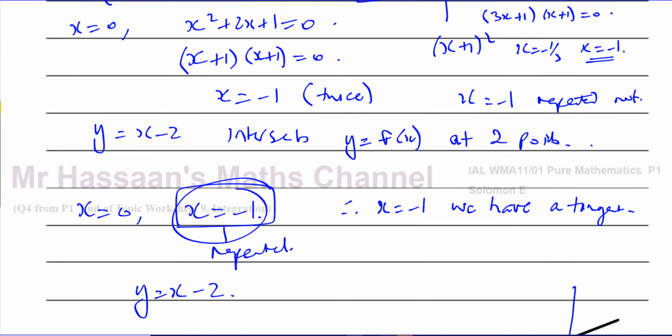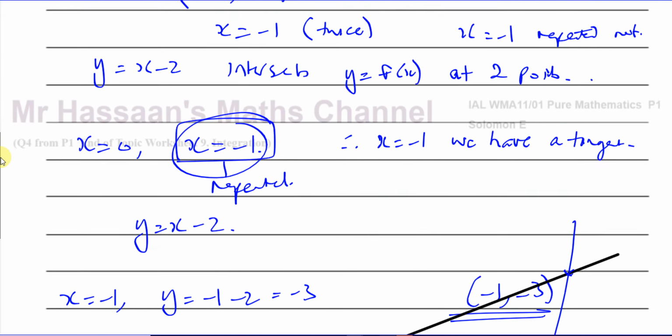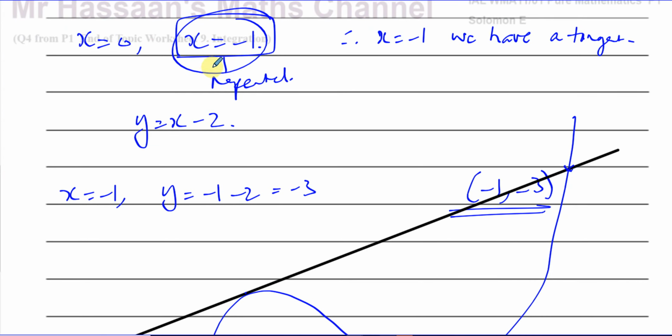Should I underline it or say this is the tangent? Yeah, you say this is a repeated root. Because it's a repeated root, therefore we have a tangent at that point. Then you find the coordinates of the tangent. You don't need to find the coordinates of the other point, because it's not saying find the points that intersect, it's saying find the coordinates of the point of the tangent.